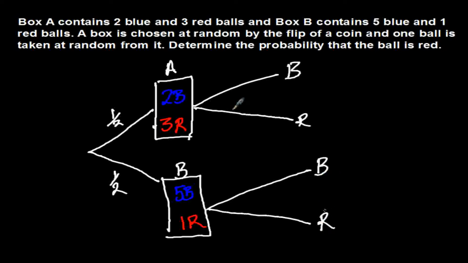The probability of getting a blue from bag A is 2 out of the total sample space, which is 5, and the probability of getting a red is 3 out of 5. Then here, the probability of getting a blue is 5 out of 6, and here the probability of getting a red is 1 out of 6.